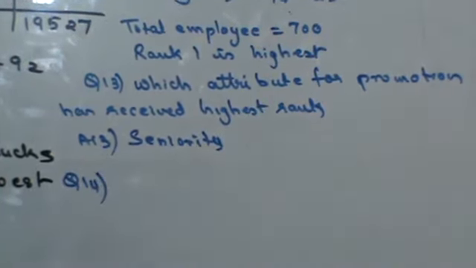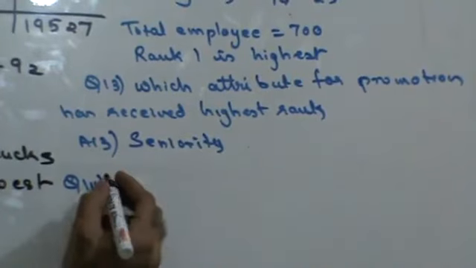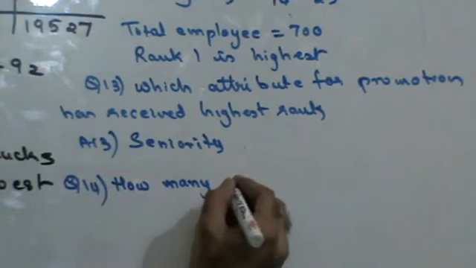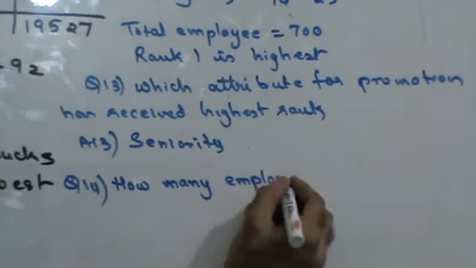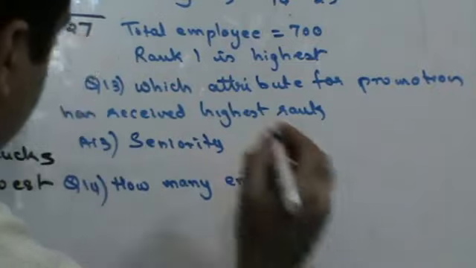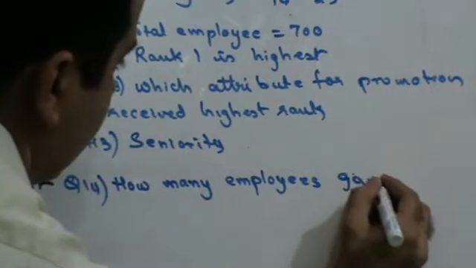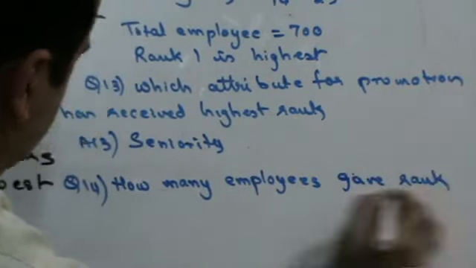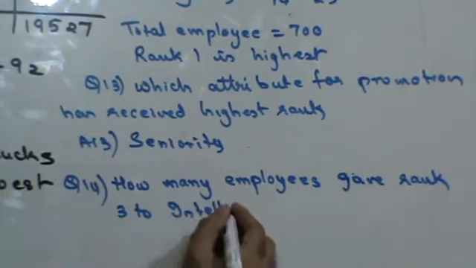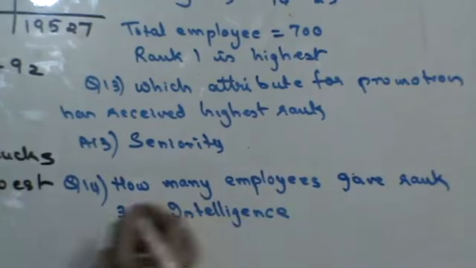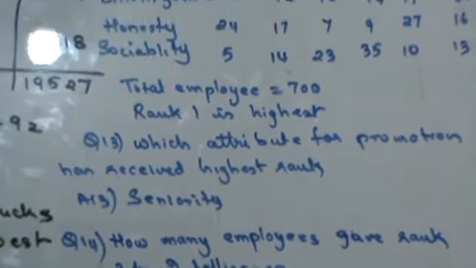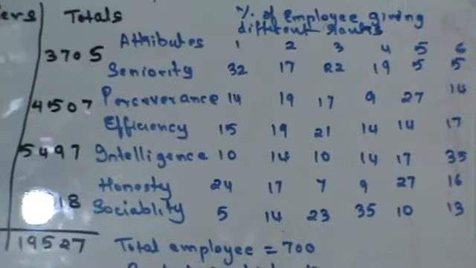Next, how many employees gave rank 3 to intelligence? Now, rank 3, intelligence is 10%.